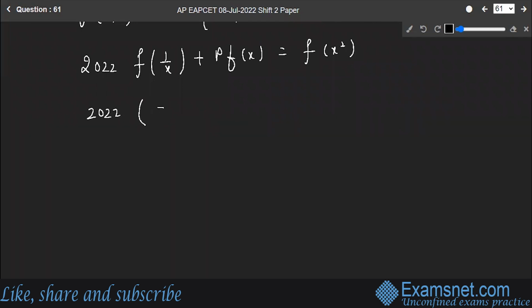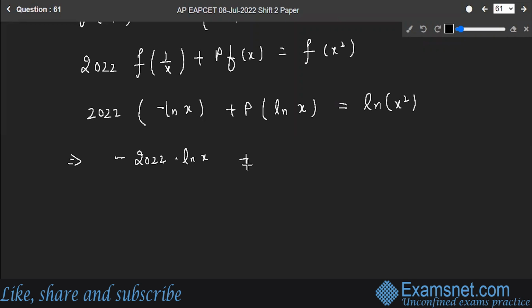This is equal to minus natural log x plus p into natural log x is equal to natural log of x squared, right? So you will have it over here as minus natural log x, minus natural log x, which can be written as minus 2022, plus p into this is equal to 2.